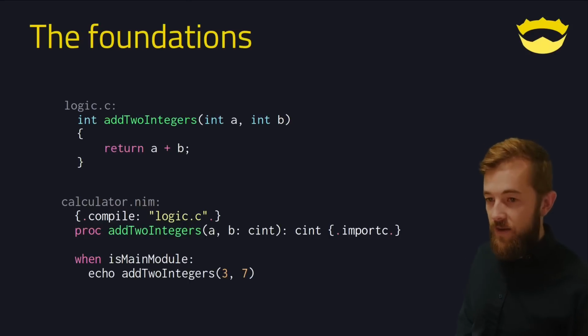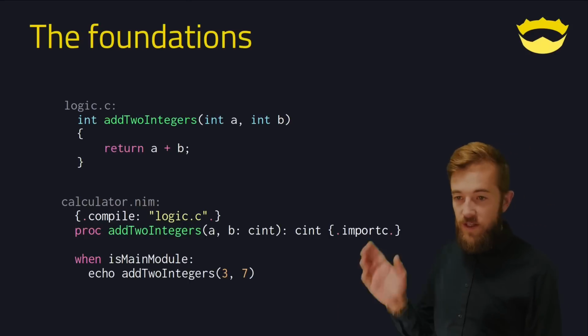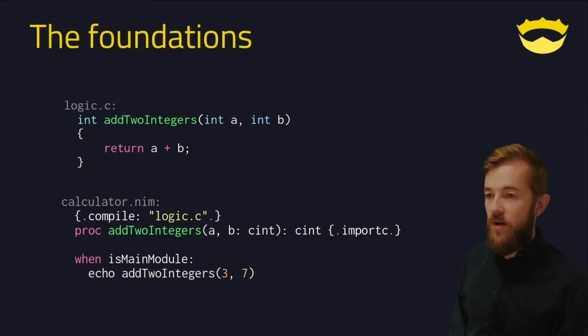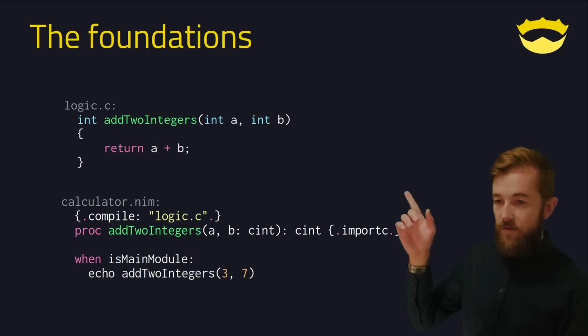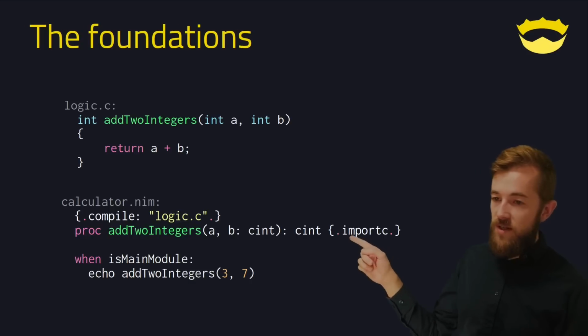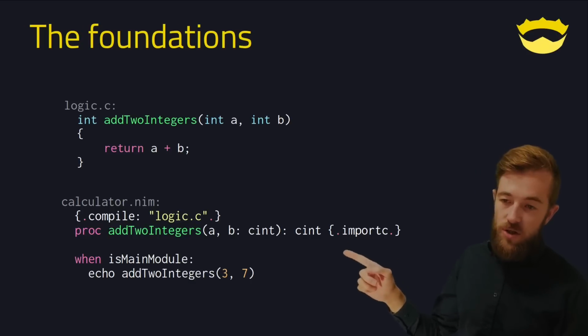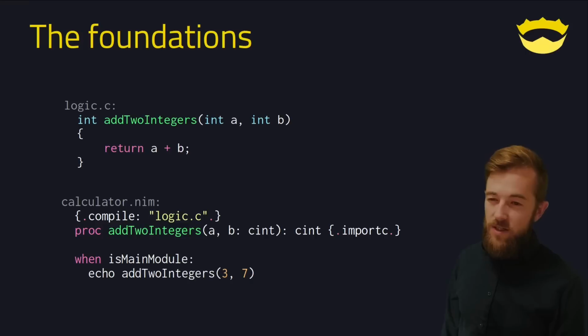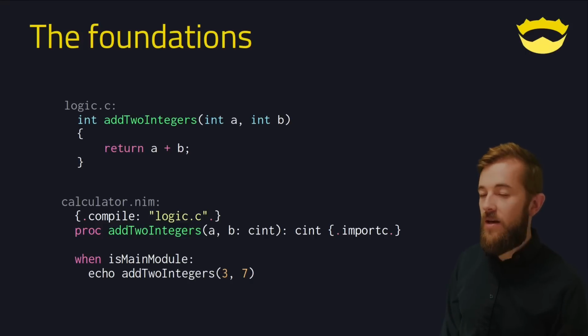If you have a look in the Nim manual, this is sort of what you're expected to do. If you have a C file, logic.c in this case, with a function, in our Nim code, we can then define that we import this from C. It takes C integers, which are basically just an integer compatible with the base platform, in this case, some C target.